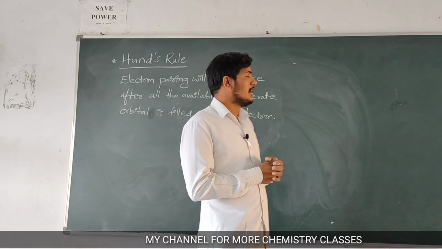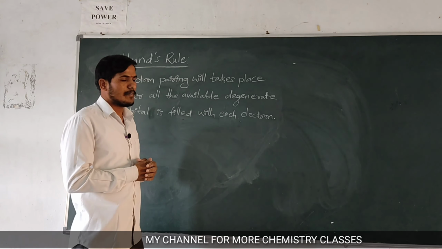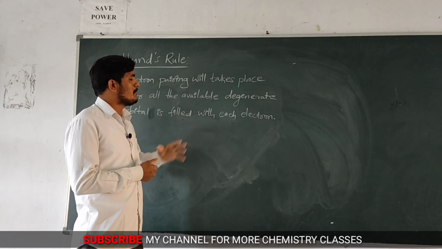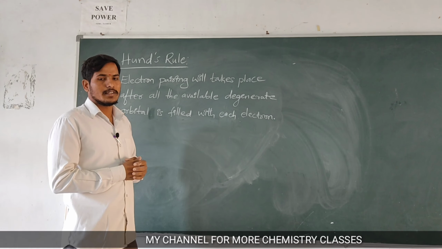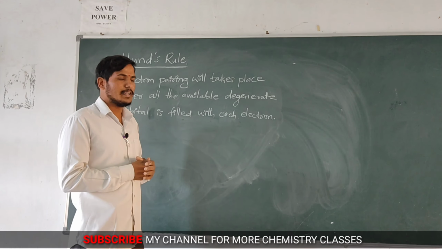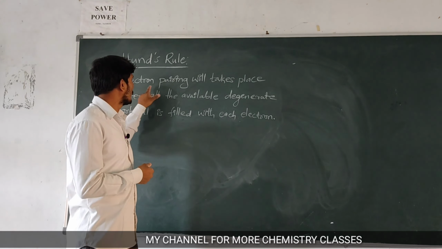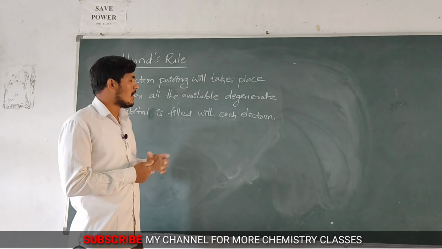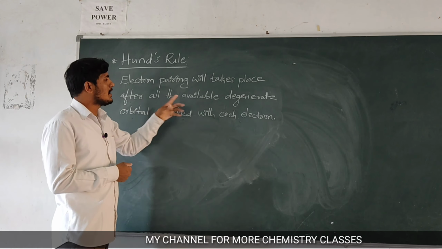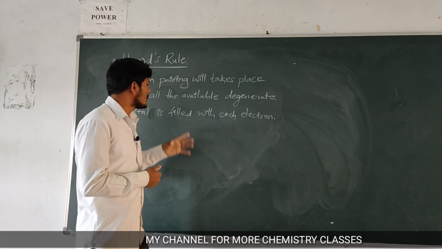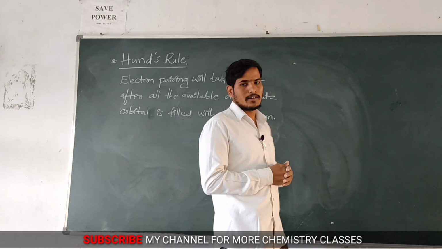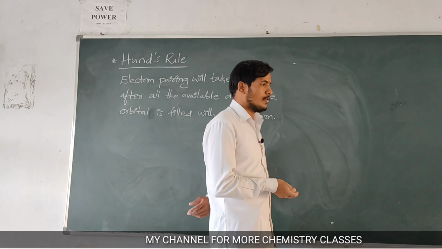Here also, in the degenerate orbitals of an atom, each electron enters singly. After that, pairing takes place. Electron pairing takes place after all the available degenerate orbitals are filled with one electron. This is Hund's rule.